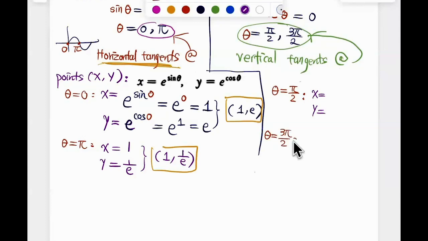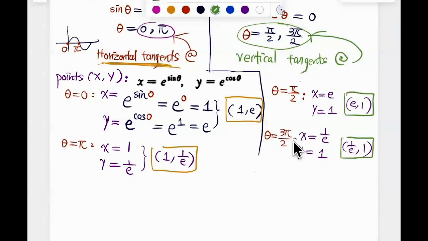So that will be e and that will be 1. And then this one here will be 1 over e and 1. Yeah, we got it. So here e, 1 and here 1 over e, 1. Then at these 2 points, you're going to get vertical tangent. So that's how you got it.